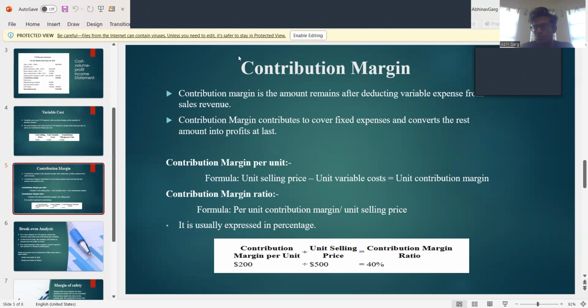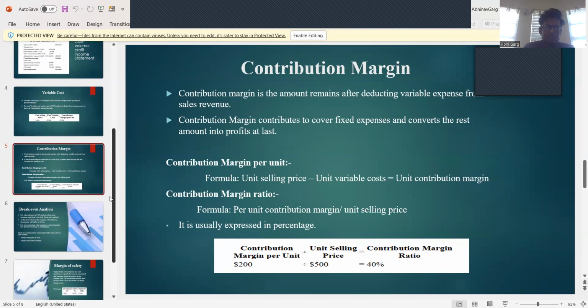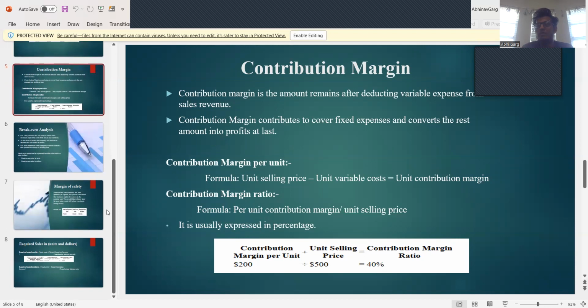Per unit, unit selling price minus unit variable cost equals unit contribution margin, and contribution margin ratio can be found as per unit contribution margin divided by unit selling price. Contribution margin per unit is $200, and we divide it by the selling price of $500. That is, the contribution margin ratio is 40%.